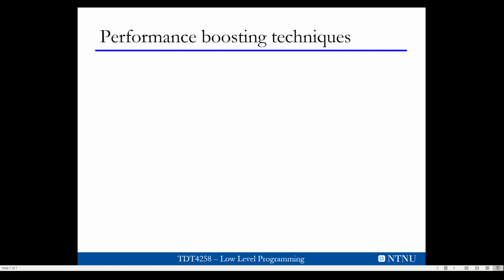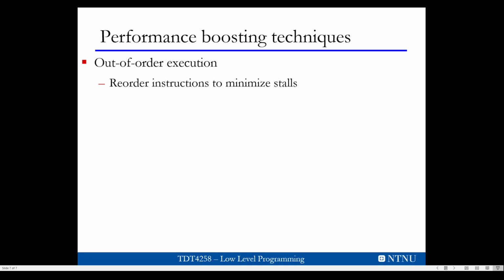Okay, so we have now seen branch prediction and pipelining that can boost our performance. But these are just very basic techniques. There are lots of other techniques that we can use to boost the performance. Examples include out of order execution. You do not need to execute instructions in the order in which they are placed by the programmer.